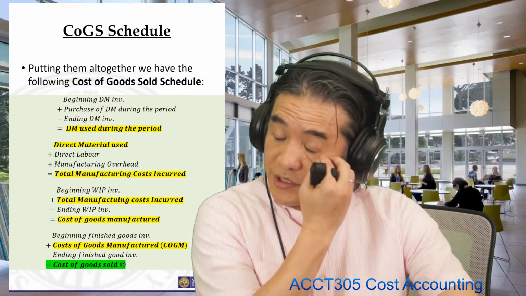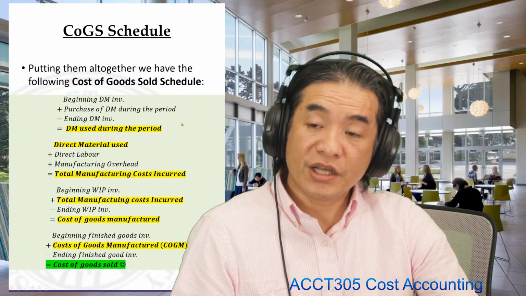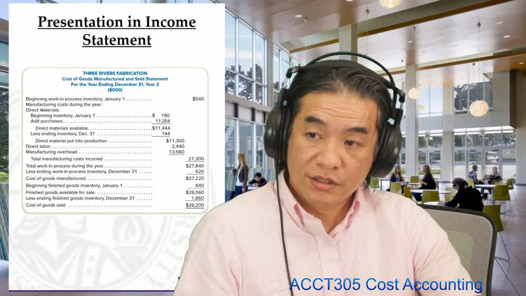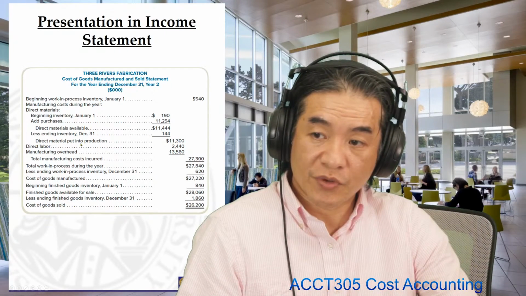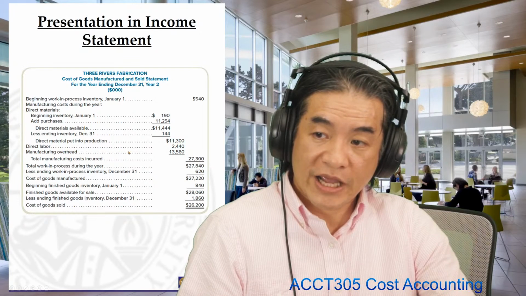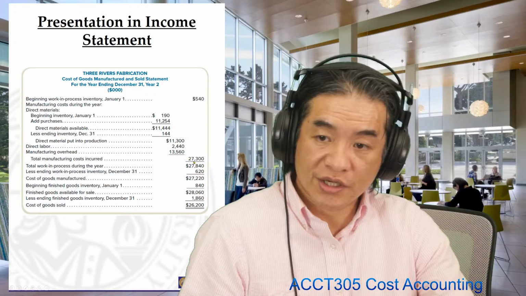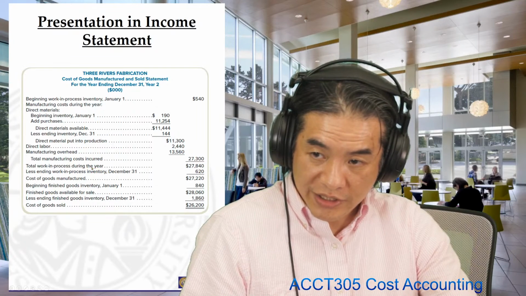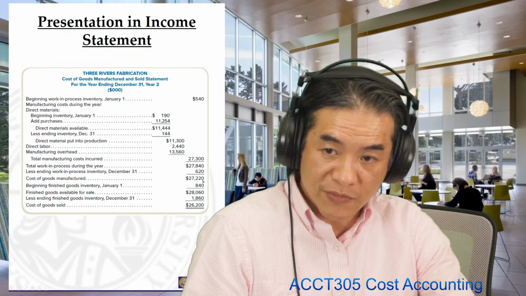Okay, so this cost of goods sold schedule is mirrored in the income statement like this here. You see? Direct material beginning inventory plus purchases gives direct material available, less ending inventory, you get direct material put into production. Add direct labor, add manufacturing overhead, you get total manufacturing costs incurred, and then work in process items during this year applied, less the ending work in process, you get cost of goods manufactured.